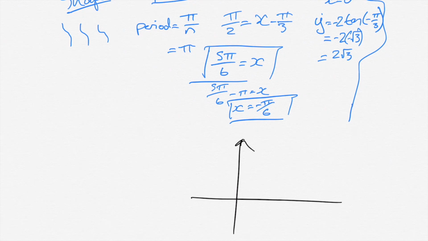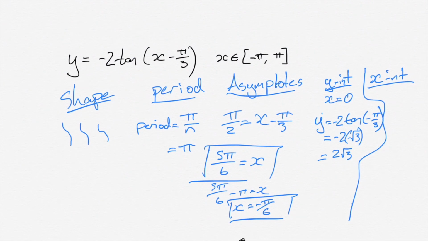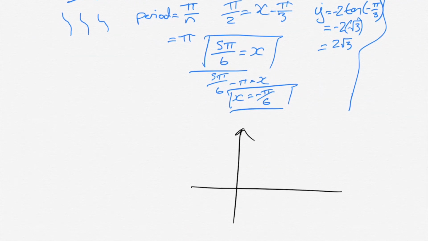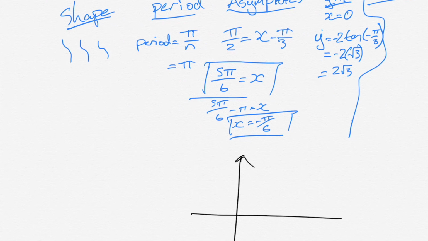But in this case, we can also take an even better shortcut. You may remember in my earlier explanation, I stated that when there's no k value, no plus or minus afterwards, no translation upwards or downwards, we know that our x-intercepts occur halfway between our asymptotes. And that's the case in this situation. We've got two asymptotes: 5 pi on 6 is one and -pi on 6 is another.